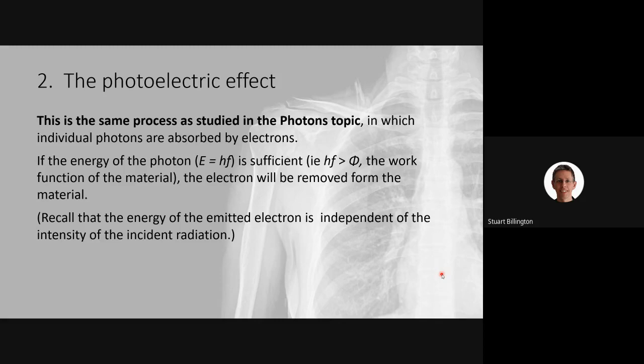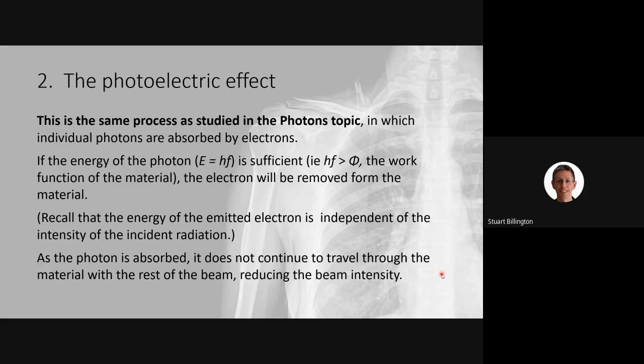And so every single time the photoelectric effect takes place, a photon will be removed from the beam and the intensity of the beam will go down. And of course, if the photon isn't making it to the detector, it can't get detected. And therefore, the detector will detect a reduced beam intensity.